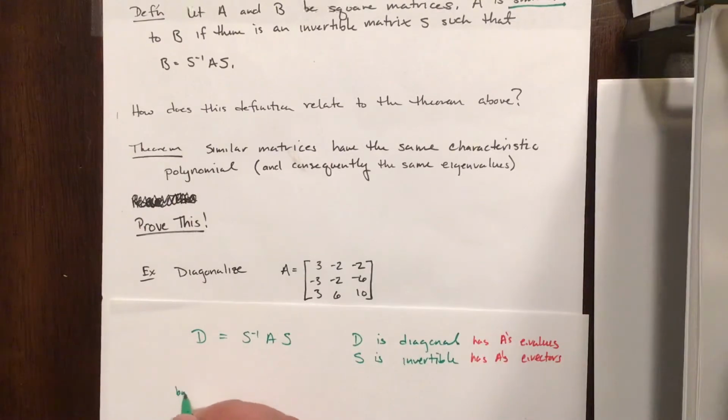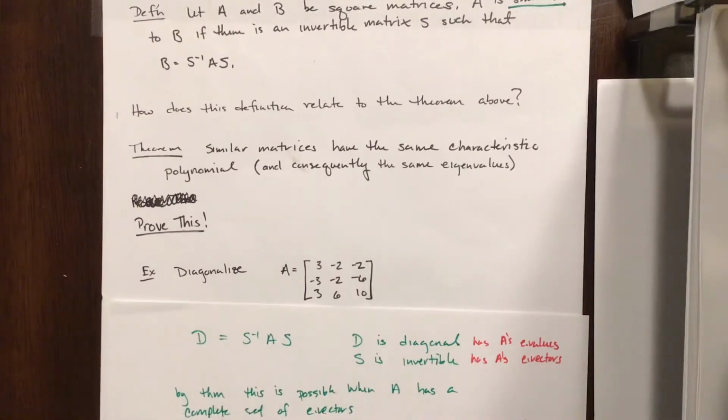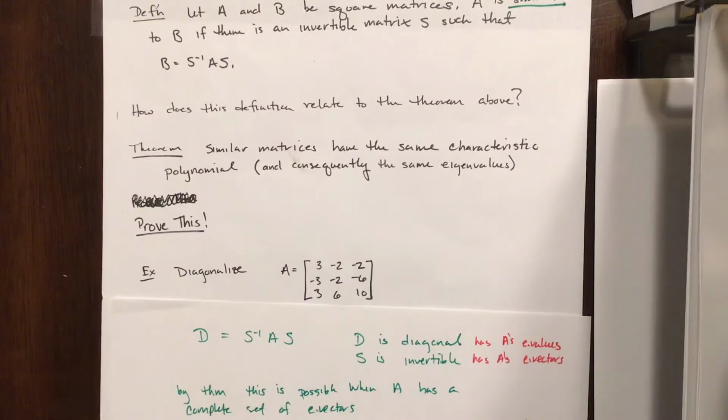This is possible when A has a complete set of eigenvectors. So for a 3 by 3 matrix, we're looking for a set of 3 linearly independent eigenvectors.